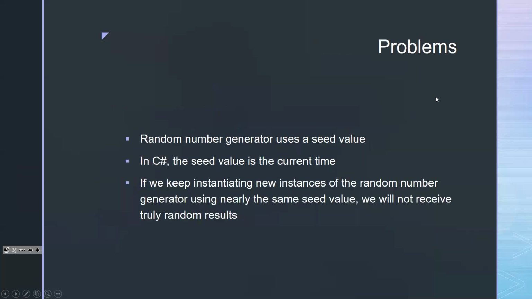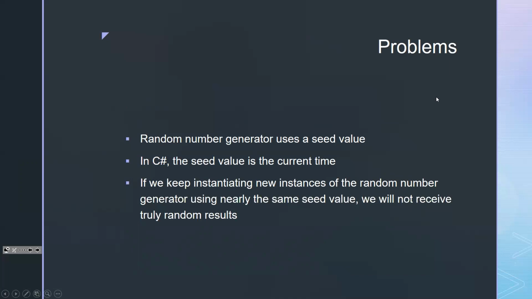Whenever we're generating a random number, the algorithm that generates it requires a seed value. That's just some sort of beginning digits for it to use in its algorithm processing. C#, like many other languages, uses the current time as the seed value. That current time is very long, right out to the millisecond, and they say that way it's going to be a unique value. But C# is very fast.